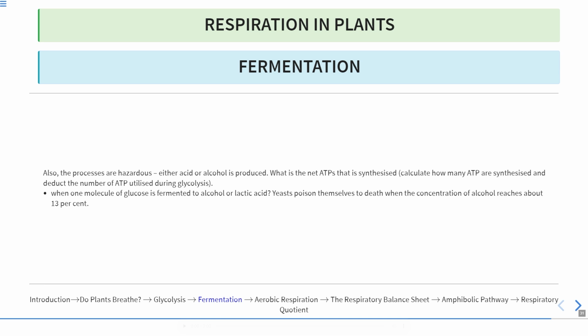When one molecule of glucose is fermented to alcohol or lactic acid, yeast poison themselves to death when the concentration of alcohol reaches about 13%. So yeast is going to die by itself, because they are producing ethyl alcohol, and it becomes lethal to them when it reaches 13%, right?